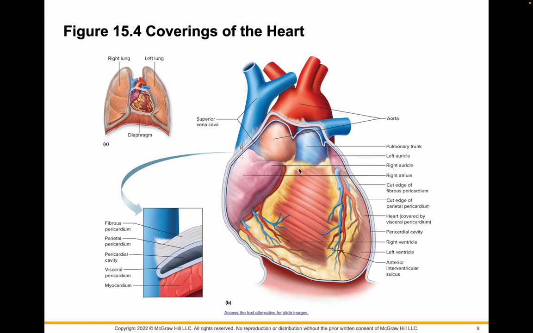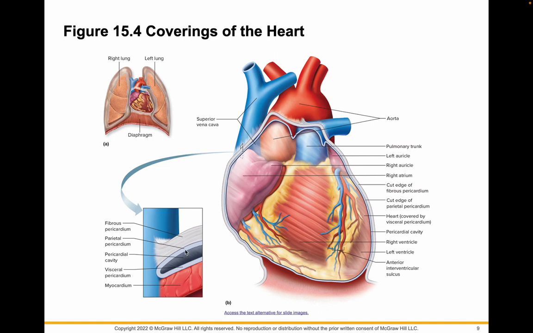If you zoom in on the heart, you can see it's got this pericardial sac, this pericardium around it. It covers some of these vessels that are entering into the heart, but doesn't cover all of the vessel. When you zoom in, you can see on the most outside is this fibrous pericardium.